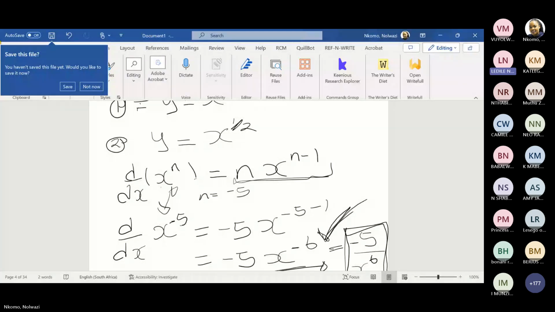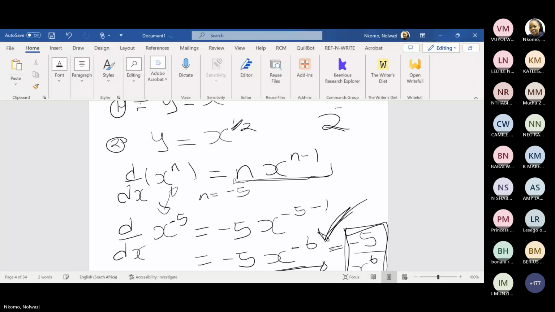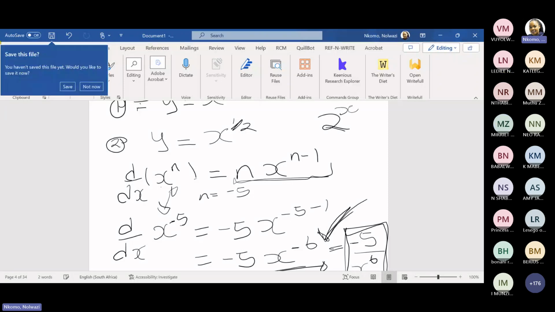Like if it's 2 to the power x. Do we apply it? No, no. You use another rule there. That's a different rule. Okay, no problem.